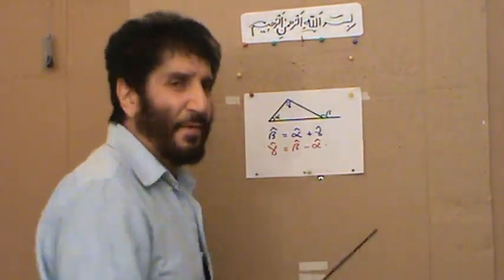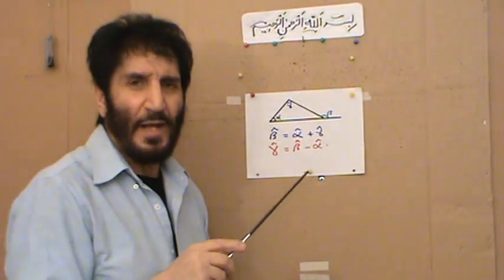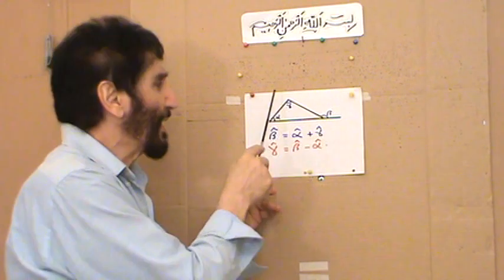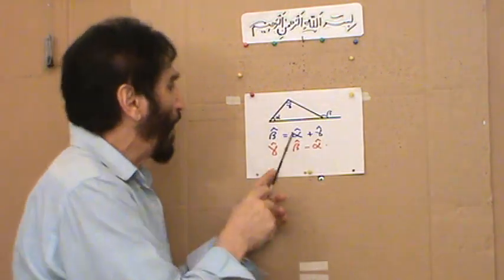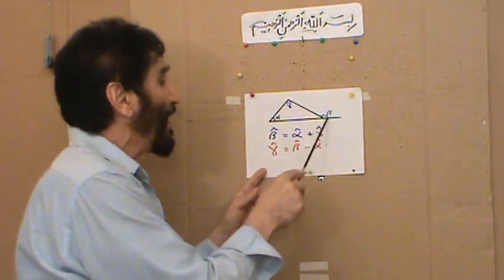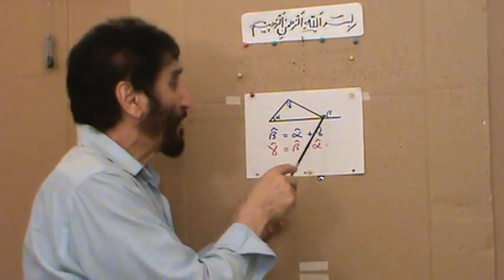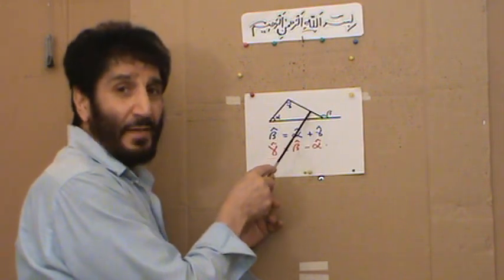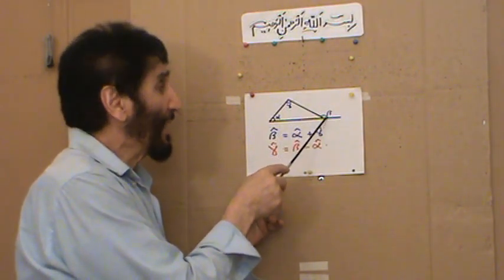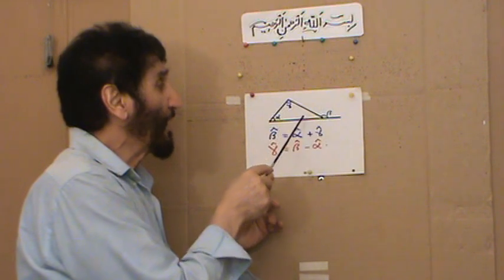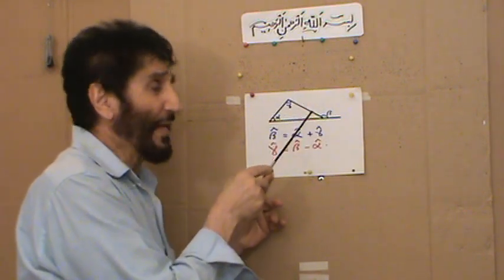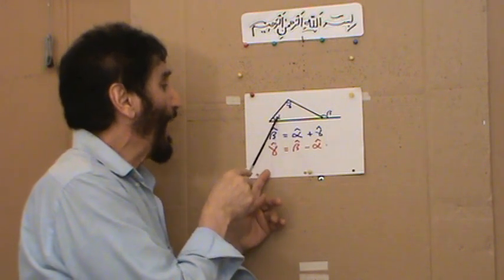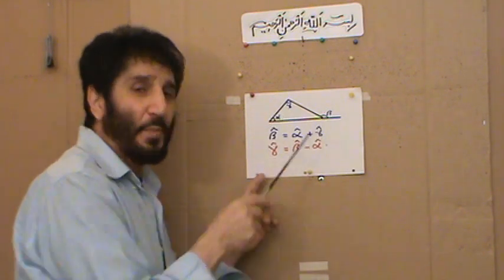First of all, if you extend one side of the triangle, I selected this side to extend. You can select any other one. The angle formed from the extension of this side with the adjacent side is equal to the summation of the two angles that are not adjacent to it, which means alpha plus gamma is equal to beta.